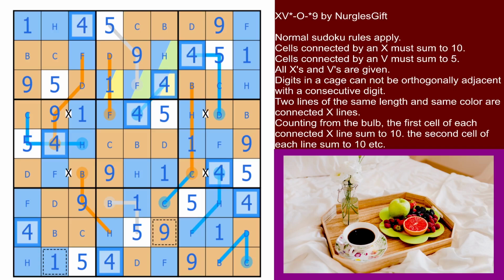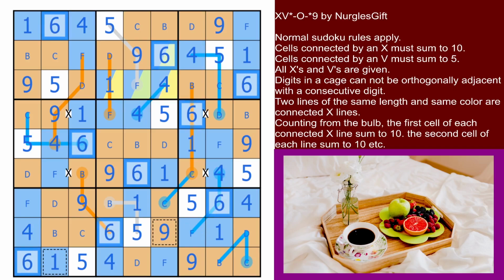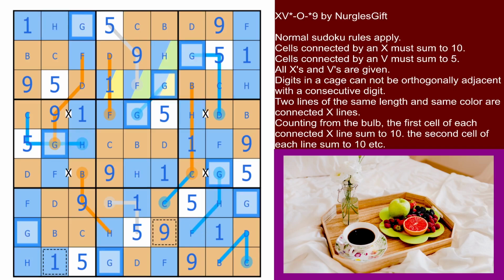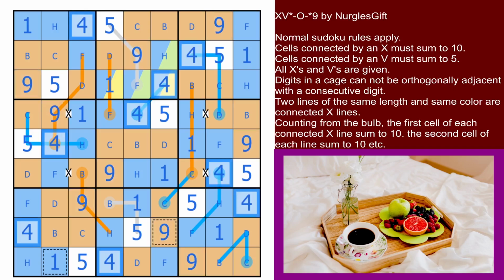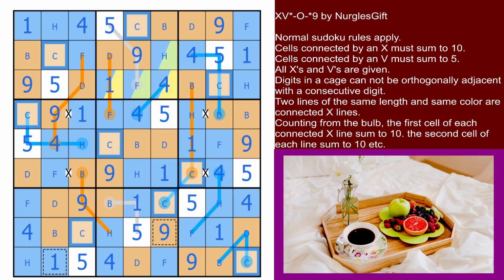G is 4. So C is 8, right? Yeah, G is 4. So C is 6. No, what did I do? Wait. G is 4, right? G is 4. So C is 6. C is 6, right? Sorry, my bad.